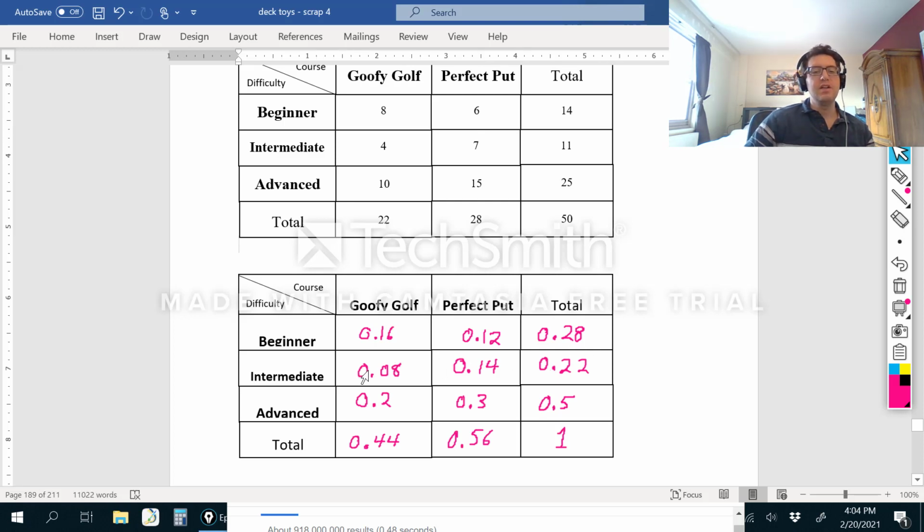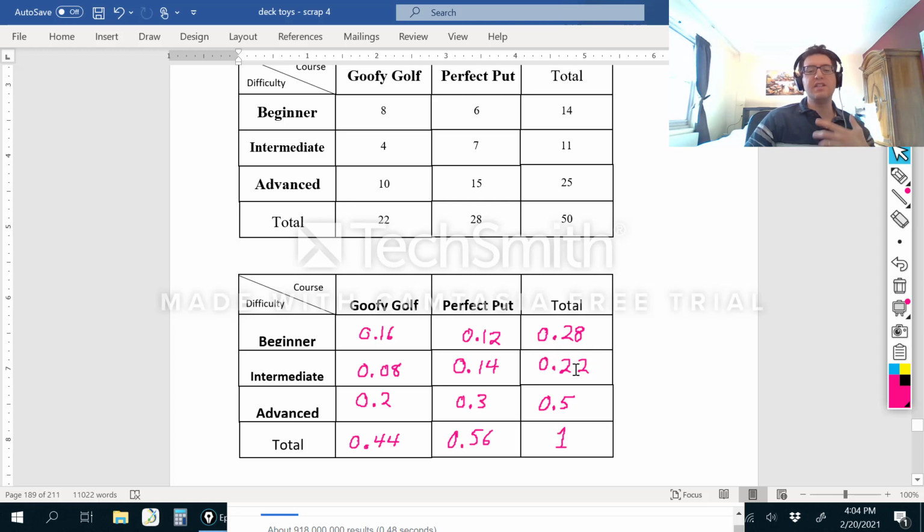So if 0.08 is the relative frequency, or if I say that as a percentage, 8% of all of the holes are intermediate Goofy Golf holes, and 14% of all of the holes are intermediate Perfect Putt holes, then 8% plus 14%, or 0.08 plus 0.14, is 0.22, or 22%.